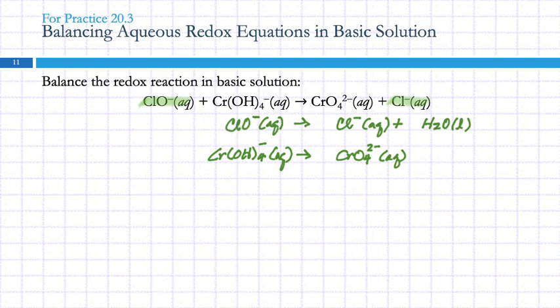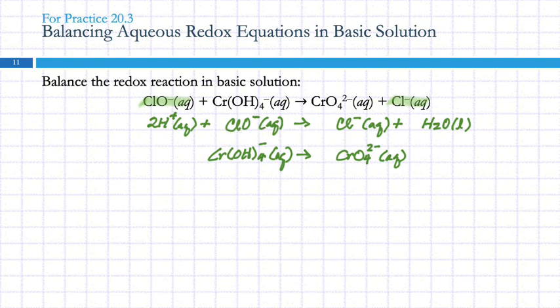I created a problem with the hydrogens. So now I'm going to fix the hydrogens by adding 2 hydrogen ions over there. So I've got 2 hydrogens and 2 hydrogens, 1 oxygen, 1 oxygen, 1 chlorine, 1 chlorine, mass balanced.